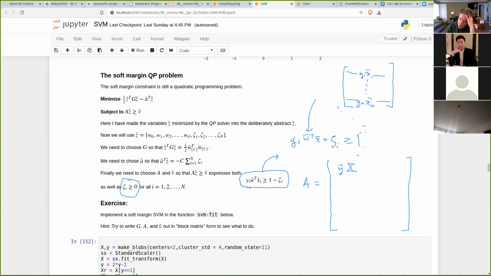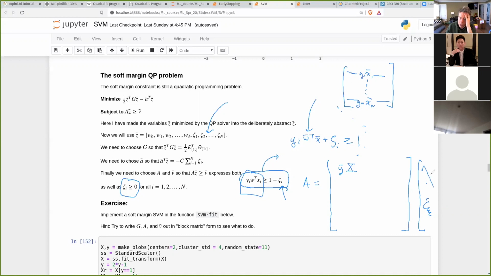Those are going to be the rows of this matrix. That will get you this part, but now you want to pick out the corresponding slack variable from z. This whole thing is getting multiplied times z over here, so you've got to pick out something in this region.